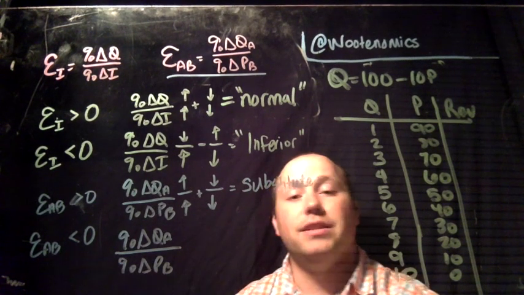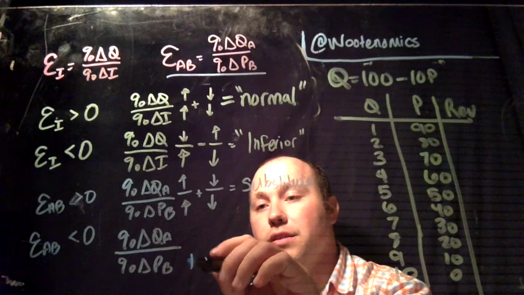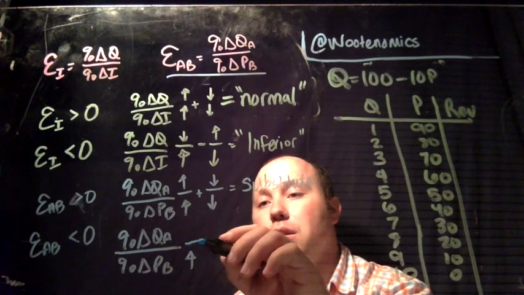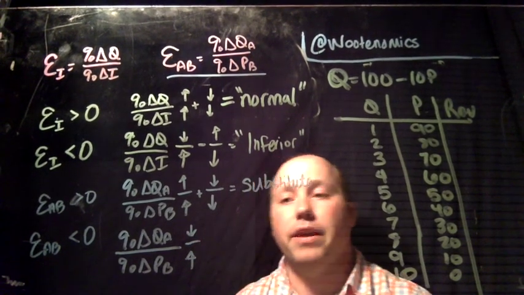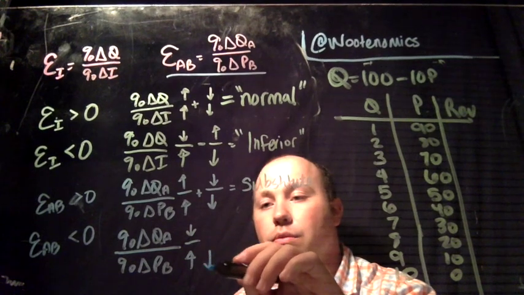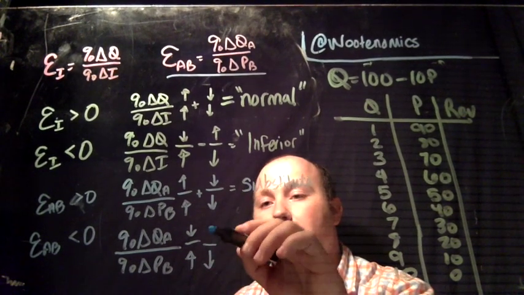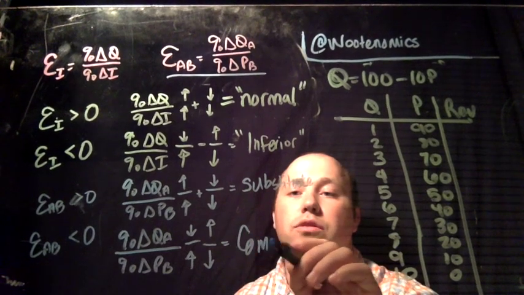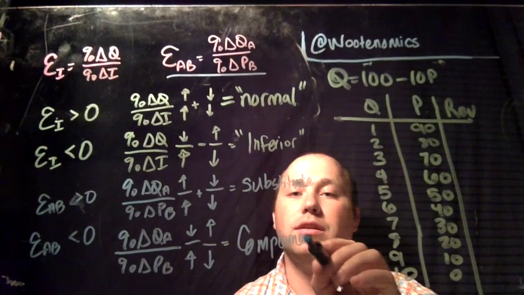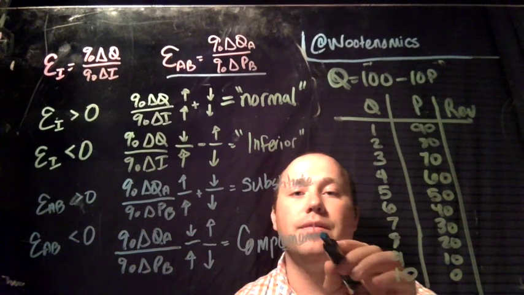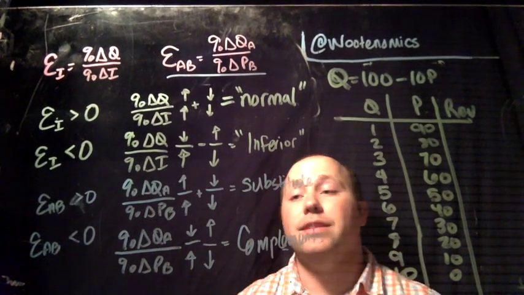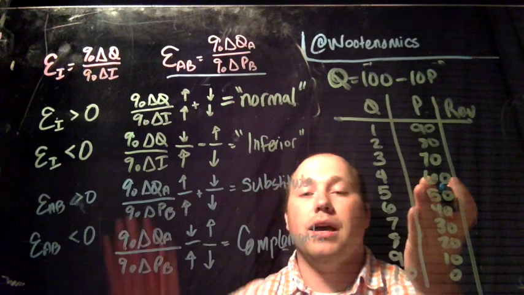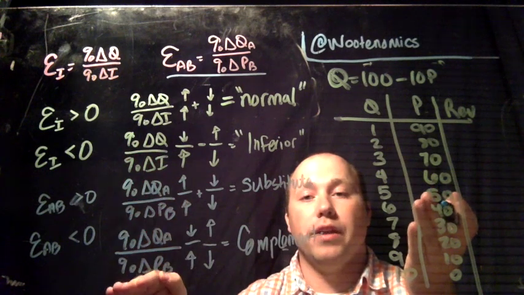If the cross-price elasticity is less than 0, that says as the price of B goes up, I demand less of item A, or as the price of item B goes down, I demand more of quantity A. Those are known as complements, and that's complements with an E. As the price of one item goes up, I demand fewer of the other item.